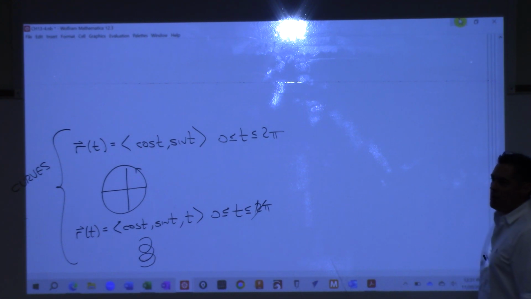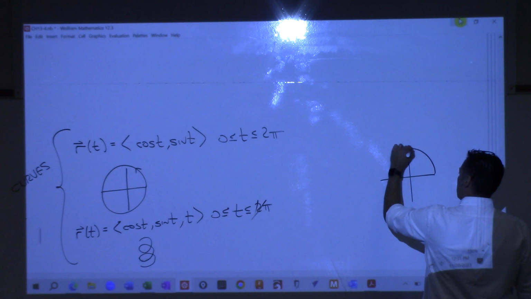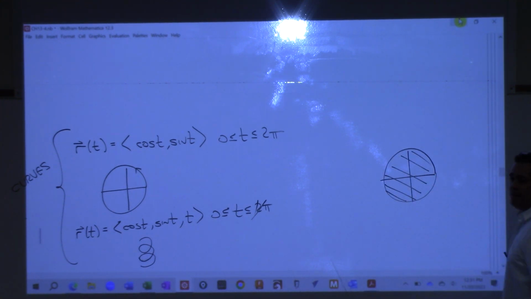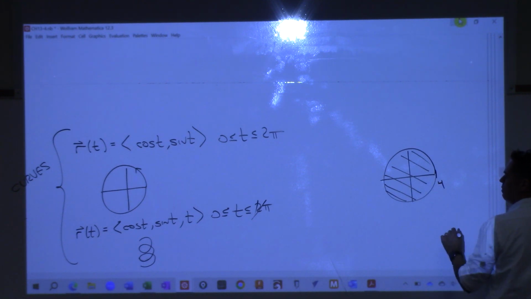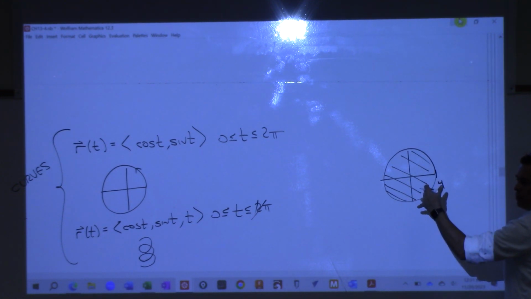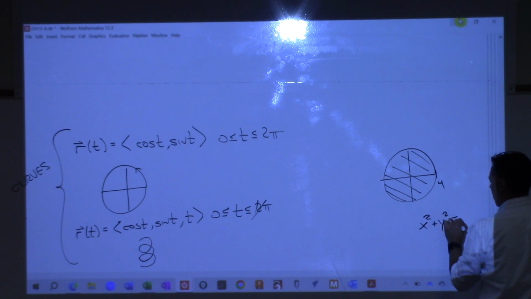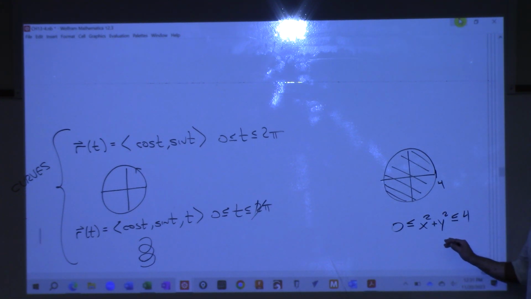So what if I wanted you to draw me that disk? But I don't want you to give it to me like an inequality, because let's say the radius of this was 4. I don't want you to write this down. This is correct.